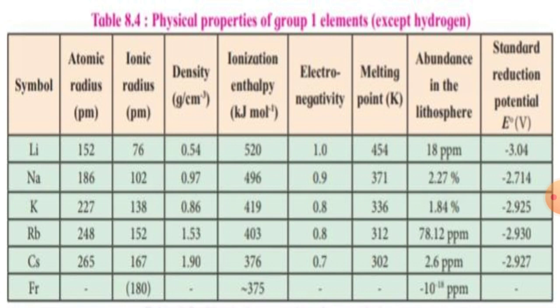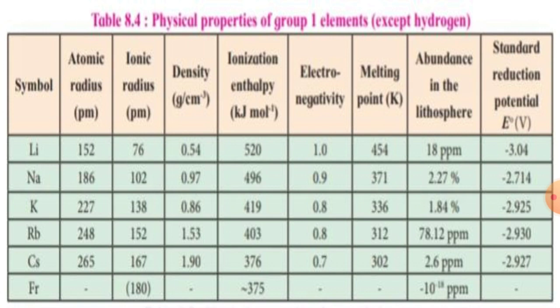As we move down the group, the atomic number increases, the number of electrons increases, and the number of shells increases. As the number of shells increases, the distance from the nucleus to the outermost shell increases, so the atomic radius increases.